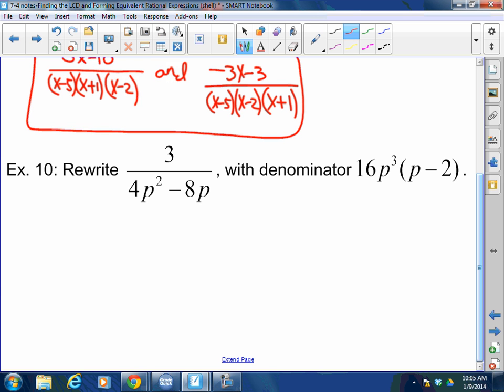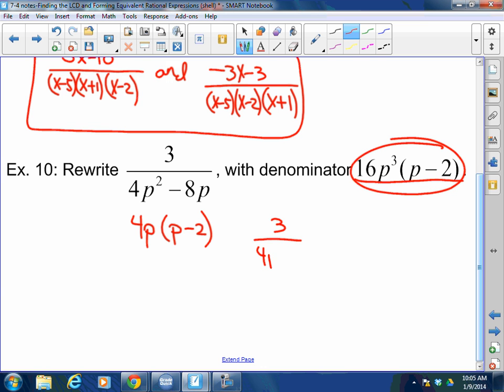So here, rewrite 3 over 4p squared minus 8p with a denominator of 16p cubed times p minus 2. First of all, let's factor this out. I can factor out a 4p, and then that gives me a p minus 2. So if this is the LCD, what do I have to multiply to 4p times p minus 2 to get me this LCD?